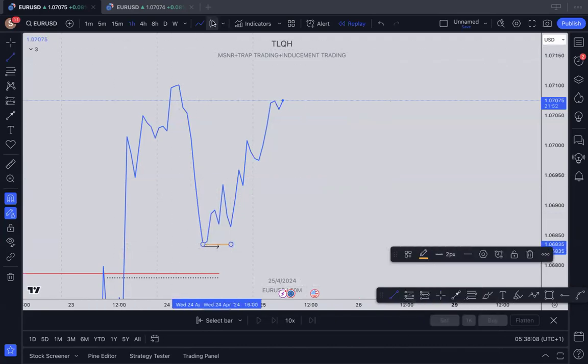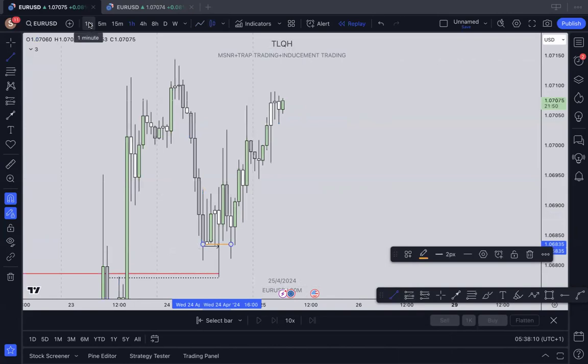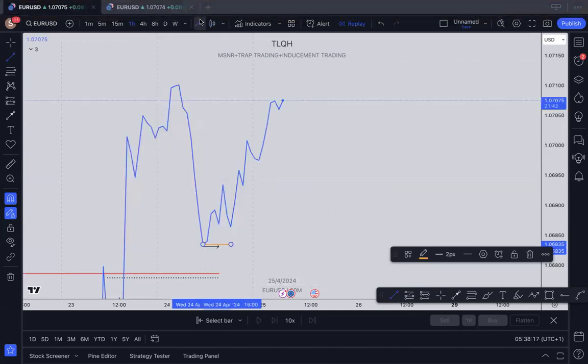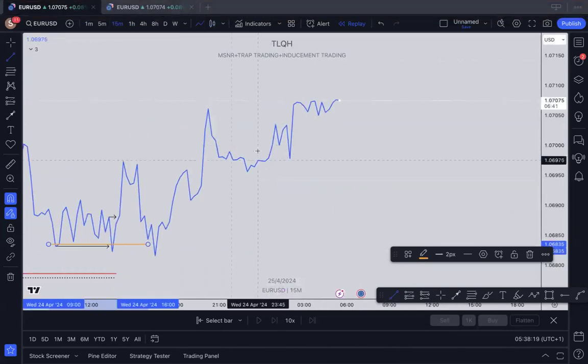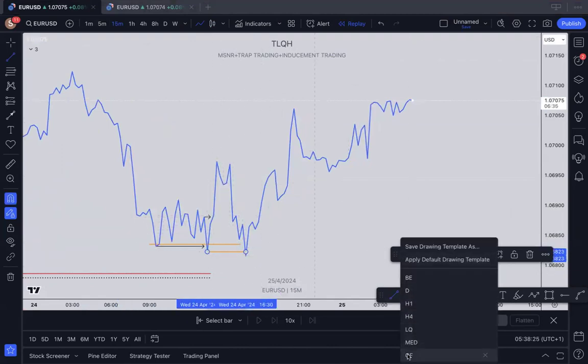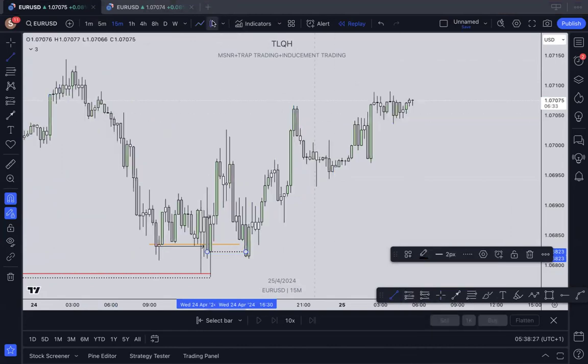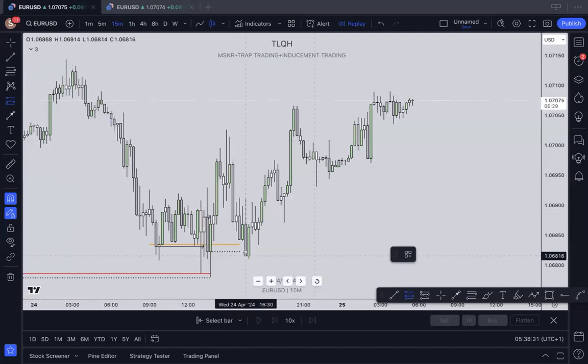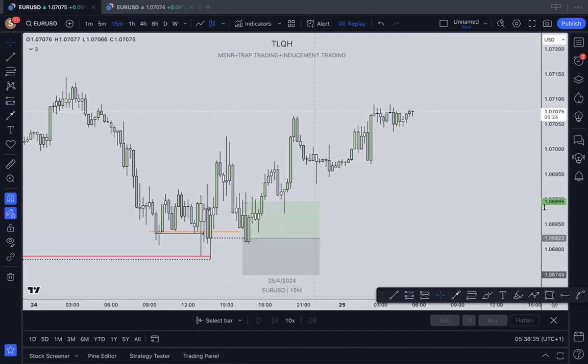H1, and then we have a look on the 15-minute. Where is our gap level? Sorry, not gap level. Where's the next level? And it is here. I don't think there was a gap level, was there? No. So this one, super accurate. Yet again, in and out, just like so.